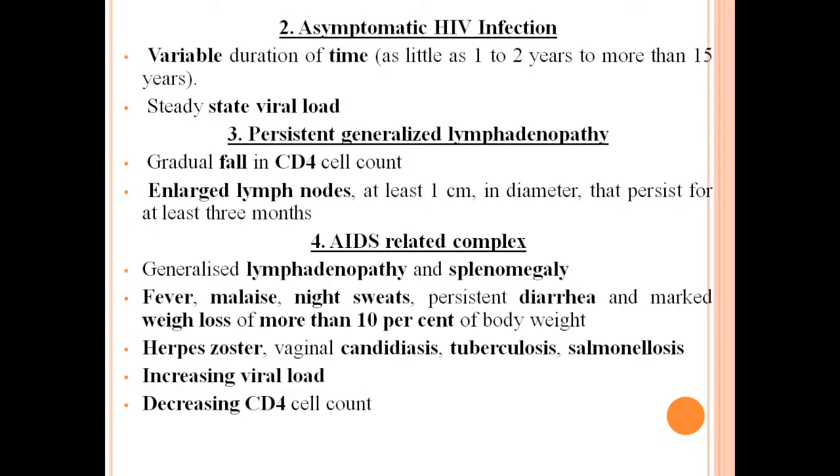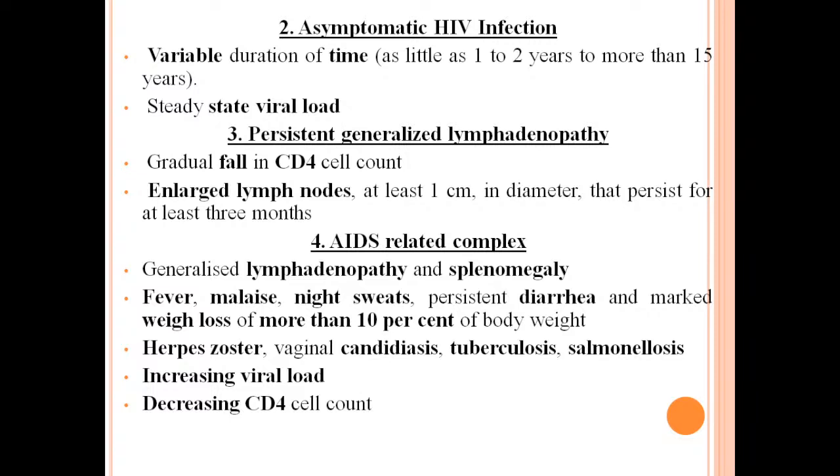The fourth stage is called acquired immunodeficiency syndrome related complex. It's characterized by generalized lymphadenopathy and splenomegaly, fever, malaise, night sweats, persistent diarrhea, and marked weight loss of more than 10% of body weight.